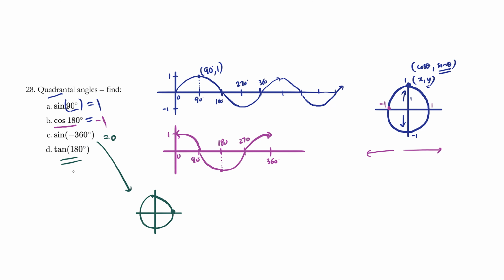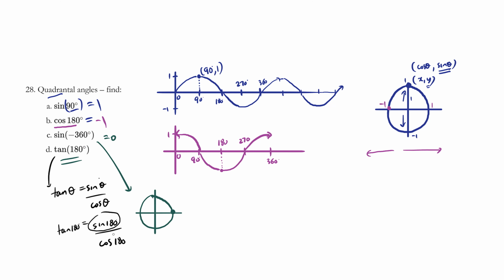Now what about tan 180? What's tan 180? So one way of doing this is to memorize a very basic trig identity that tan theta is equal to sine theta over cos theta. We know that tan 180, when theta is 180 degrees, is sine 180 over cosine 180.